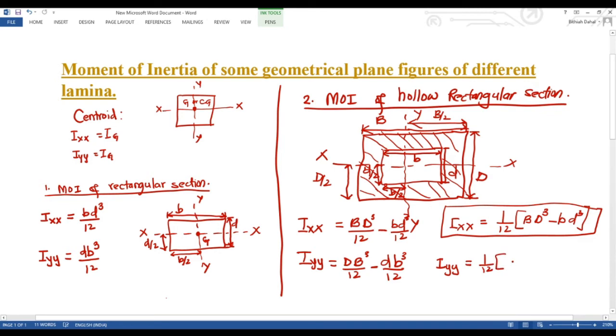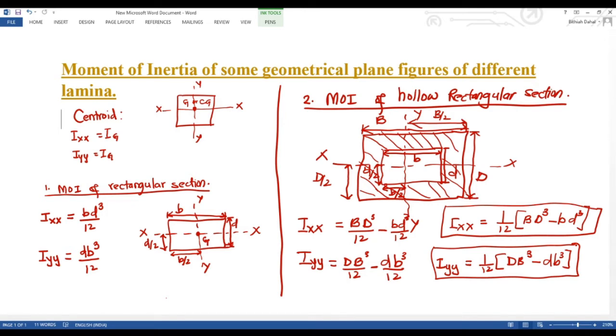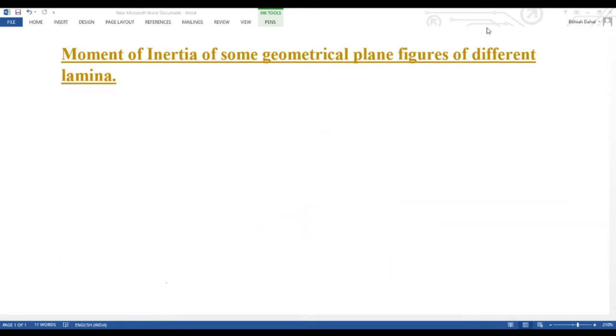So what is remaining? Remaining is D B cube minus small d b cube of the inner rectangle. So I have this formula. So these are the two moments of inertia: first one for rectangular section, second one for hollow rectangle.